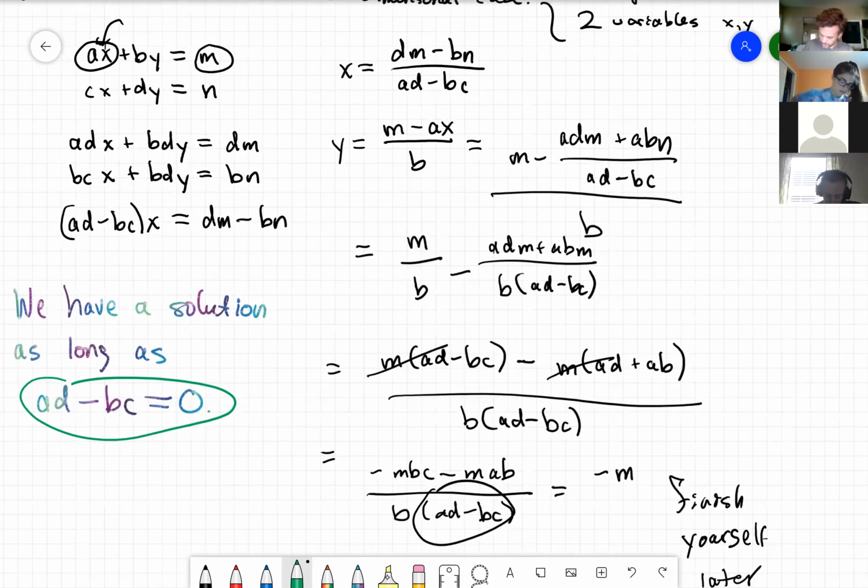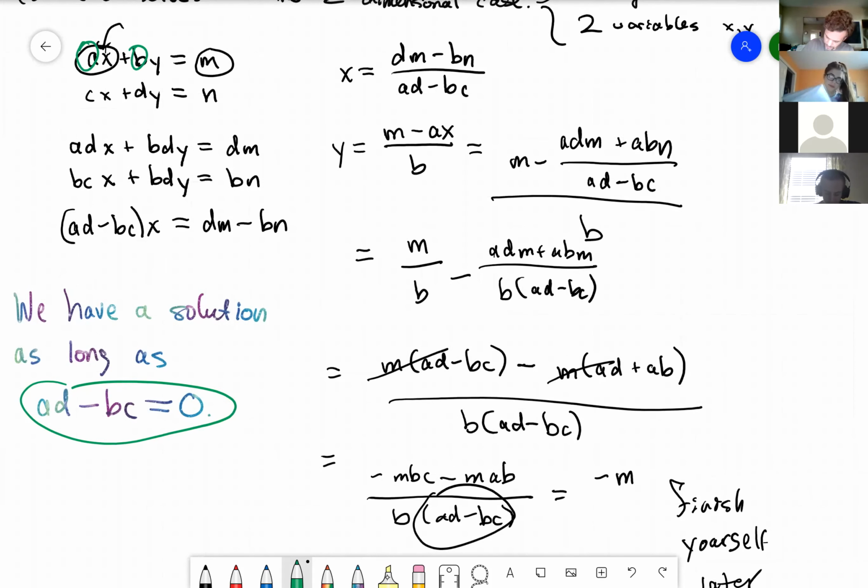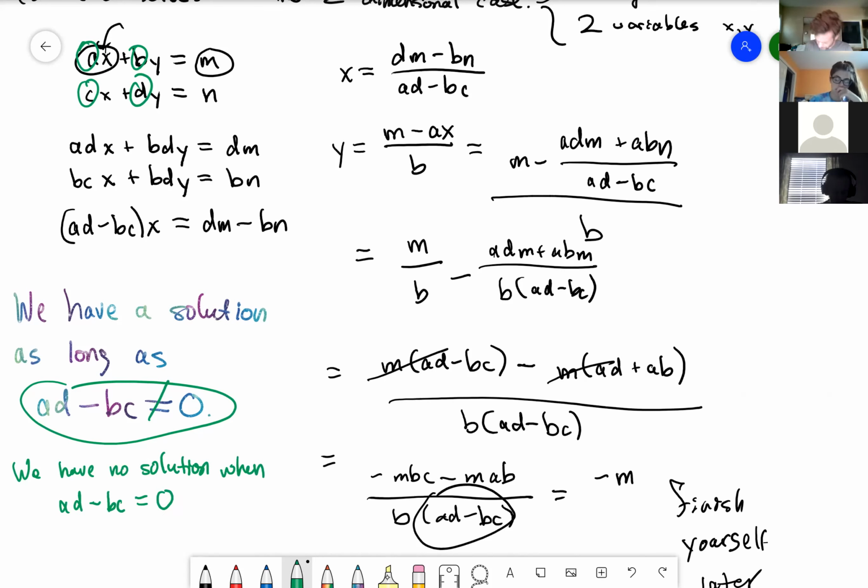And that's from our original problem right here, a, b, c, d. What we found is that we can always solve this as long as ad minus bc is not equal to 0. That's very important. We have no solution when ad minus bc is equal to 0.